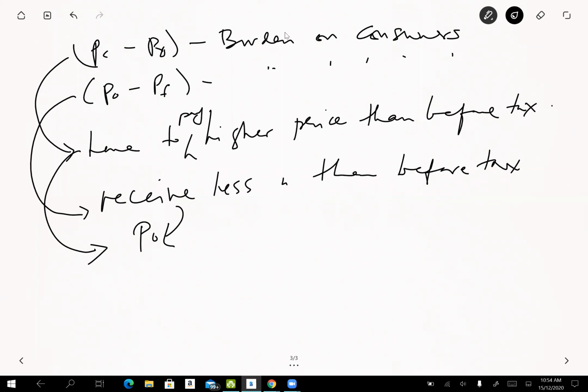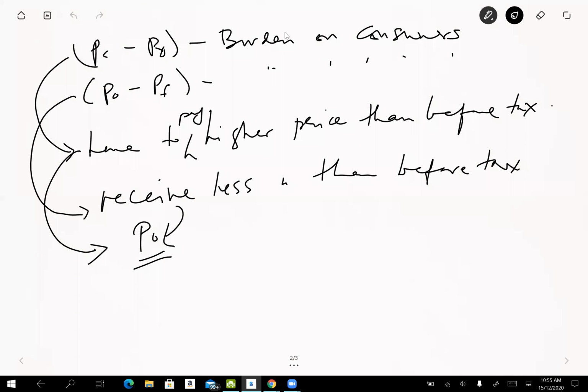That's what they pay, and that's what the firm gets. Now, after the tax, you pay PC. So PC is higher than P0. So you have to pay a higher price. Why? Because of the tax. And then the firm will get less than P0. Why? Because of the tax. So the burden will be borne by both parties. Okay, all right. Any question about this?